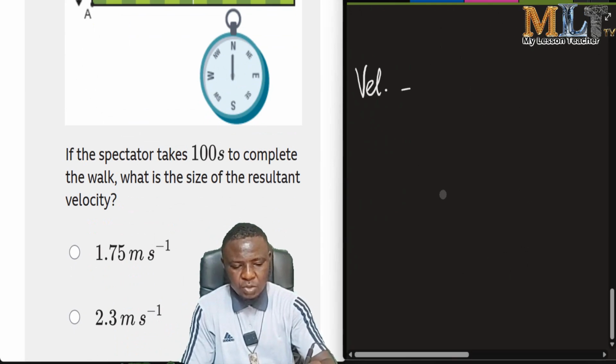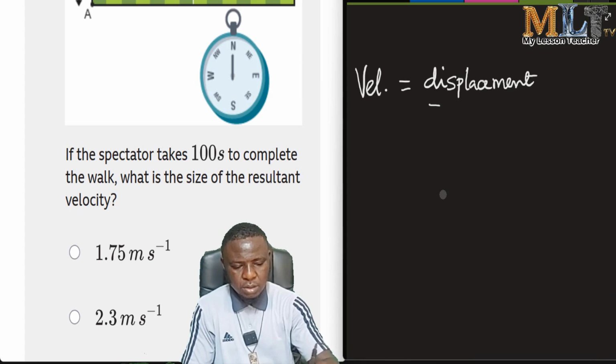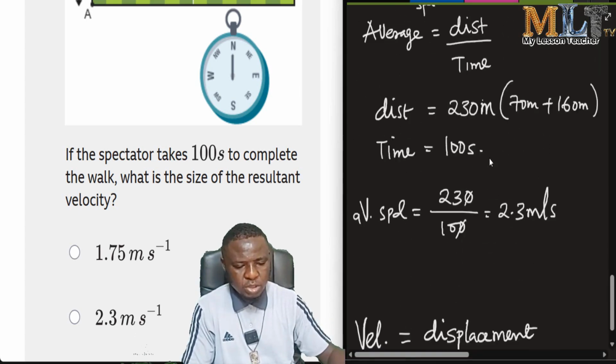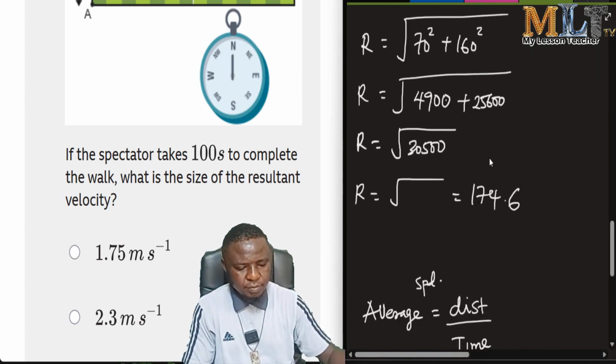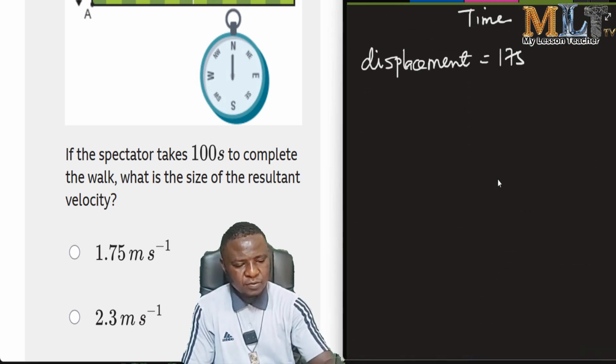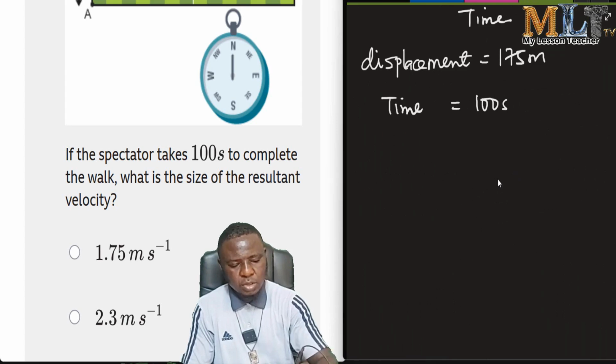Velocity is equal to displacement divided by time. Remember, our displacement, we got it to be equal to approximately 175 meters, and the time is given to be 100 seconds.